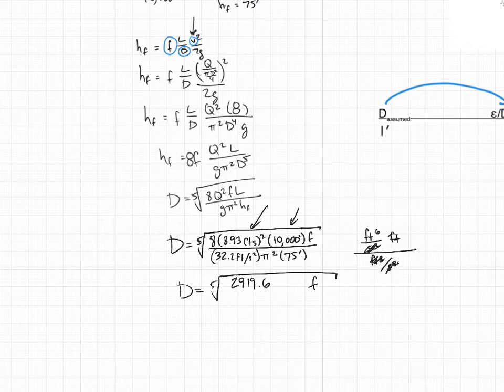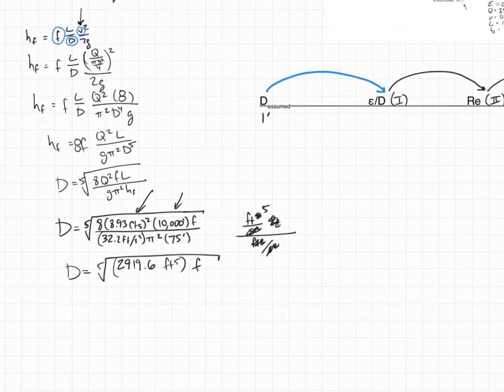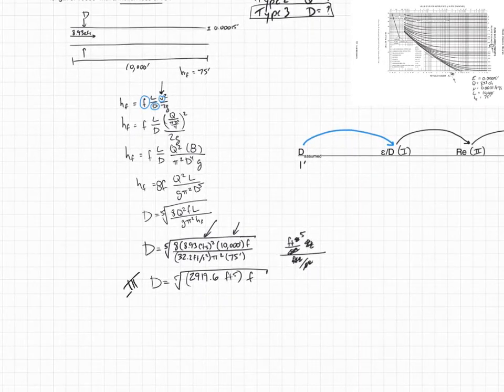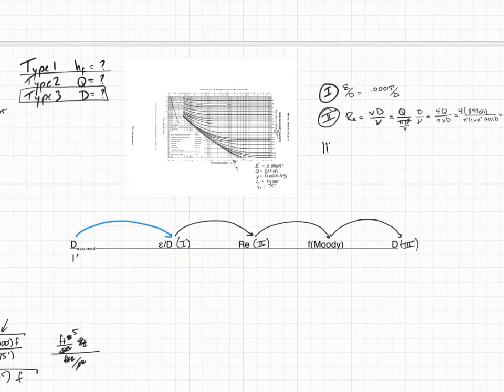This feet squared is going to get rid of this one and turn that one into a 5th. So we end up with feet to the 5th, and we're taking a 5th root, so that means we've got the right idea. This is going to be our equation 3. For simplicity, I'm going to put it up here so that I can use it a little bit easier.